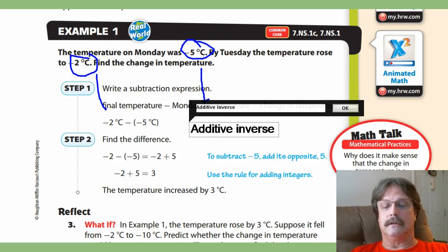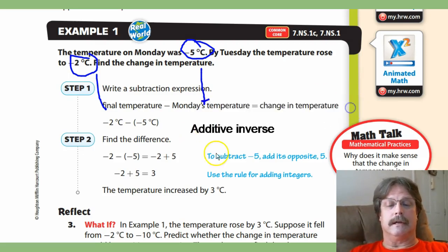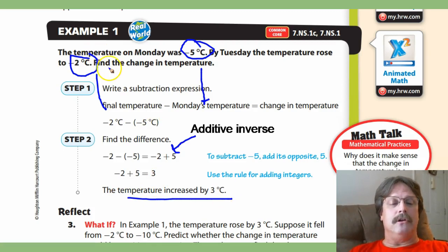Okay, this is what we're doing, additive inverse. So negative 2 plus 5 is going to equal 3. The temperature increased by 3 degrees Celsius. That's what they're asking you to do. Find the change in temperature.